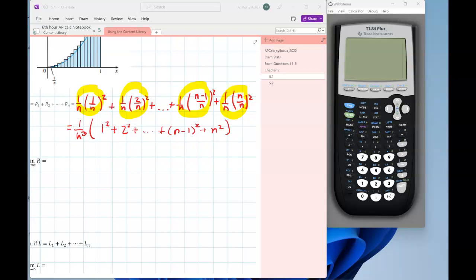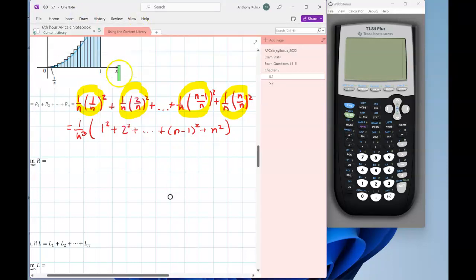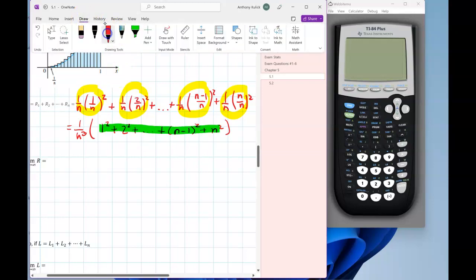Does that look familiar to anyone? Particularly if you had me second semester for Algebra 2. It's not a factoring thing. It's not a polynomial, it's not a binomial expansion. That's a summation formula. If you remember when we did sequences and series in Algebra 2, this is the sum of squares.